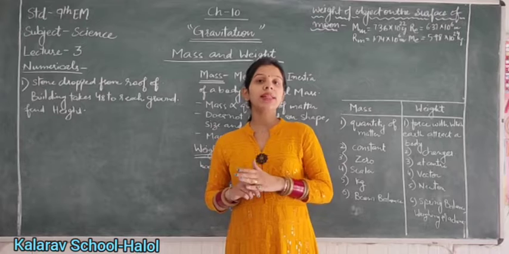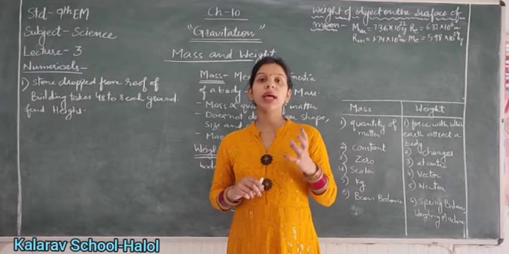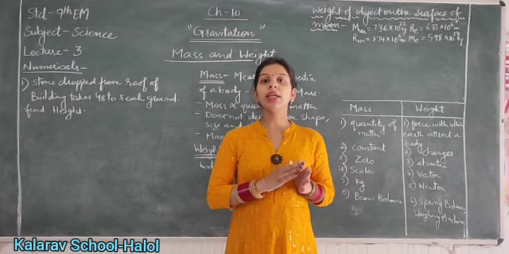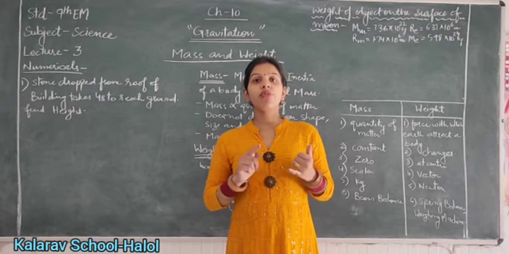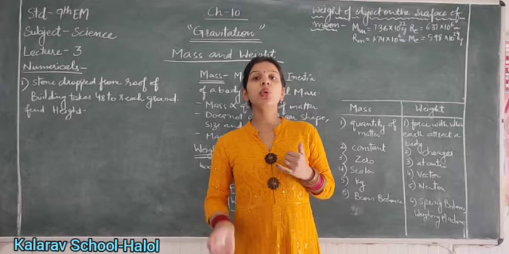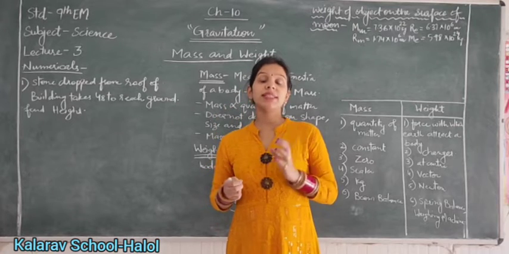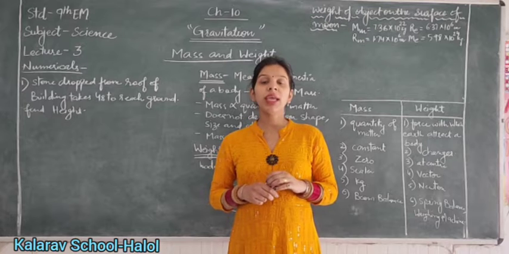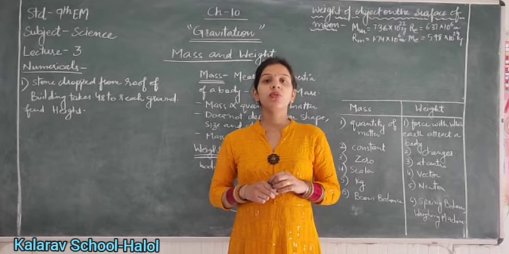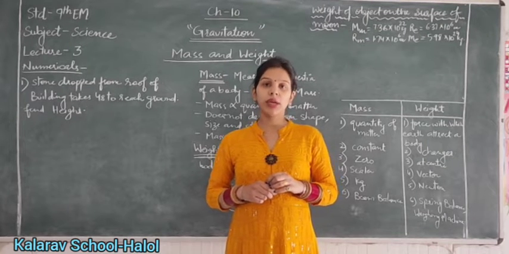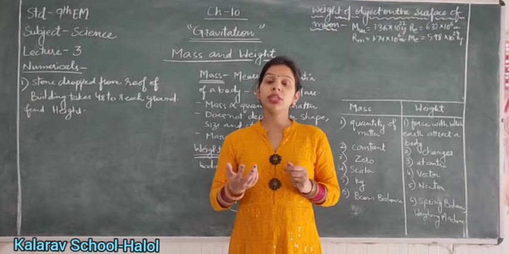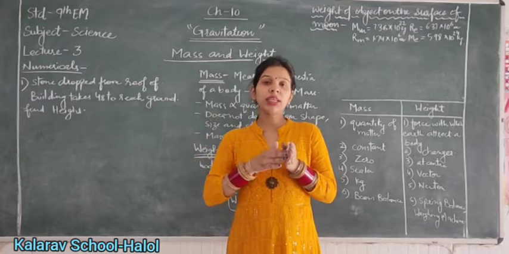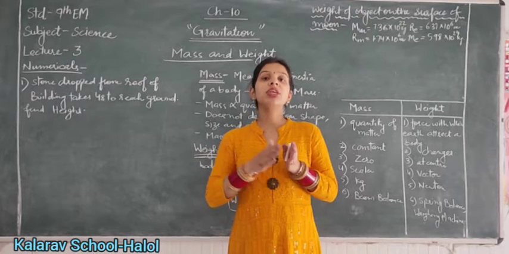Before doing numericals, some things are to be kept in mind. These are the sign conventions related to the numericals. Firstly, if the object is going upward, the value of g, that is acceleration due to gravity, is taken as negative, so we take it as minus 9.8. If the object is going away from the center of the earth, the value of velocity is positive.